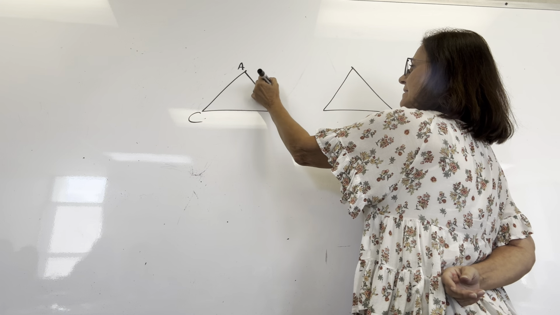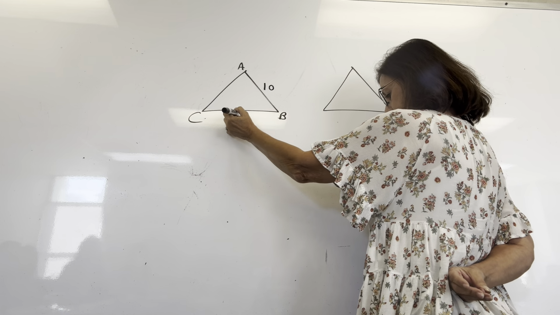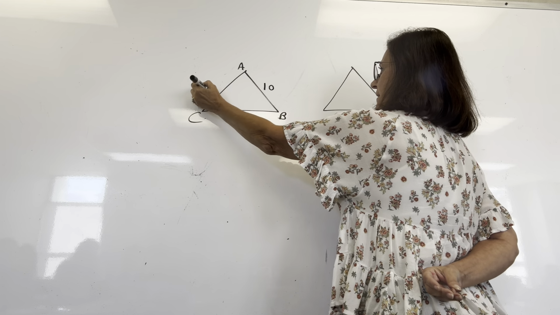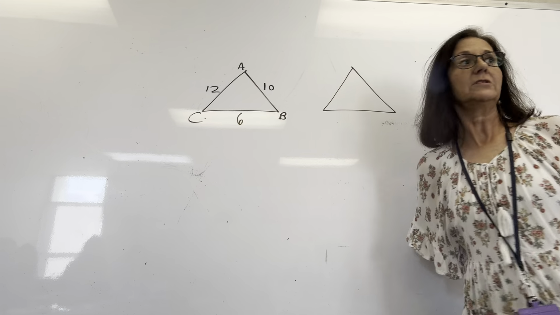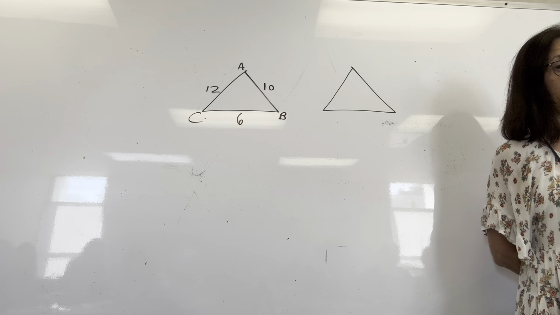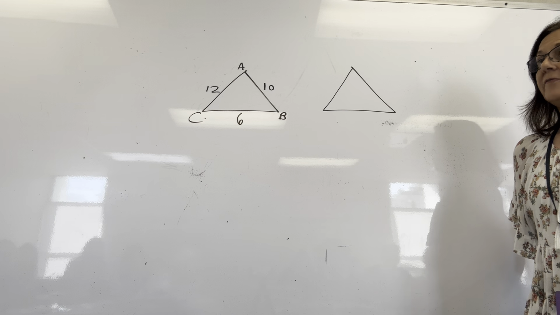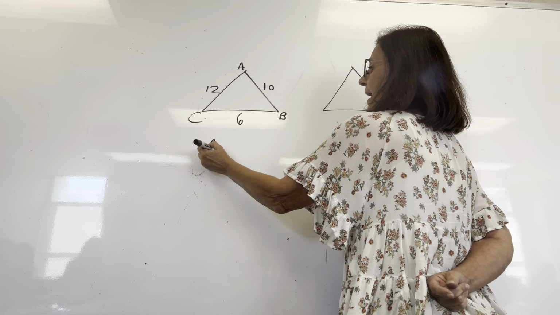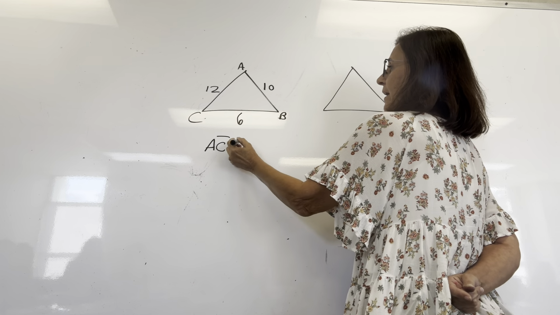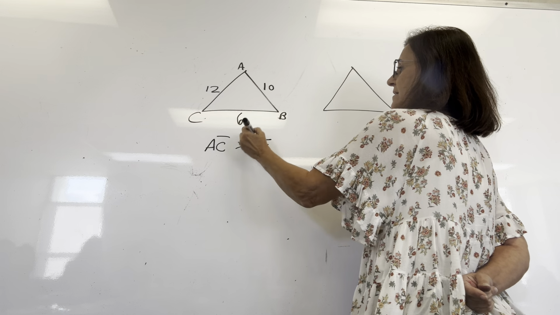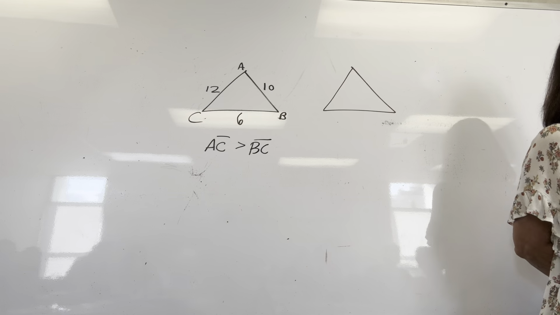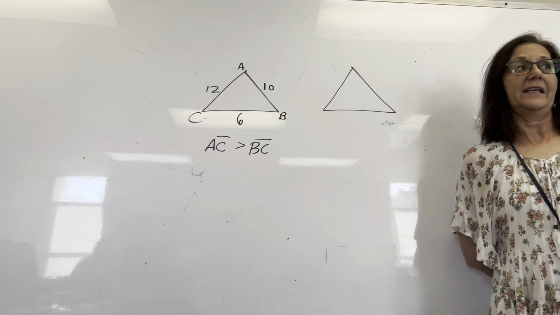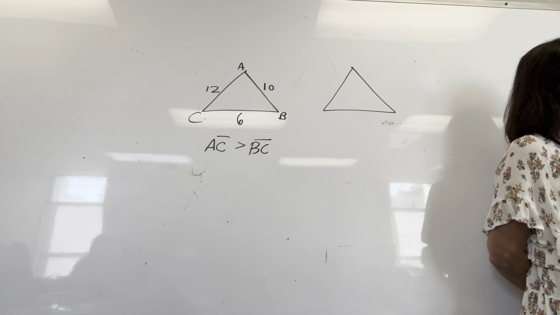All right, so if I said this is 10, 6, and 12. Those sides are 10, 6, and 12. Then I could write some inequalities, right? I could write AC is greater than BC. Do you agree? Side AC is greater than BC, clearly. It's twice the size.